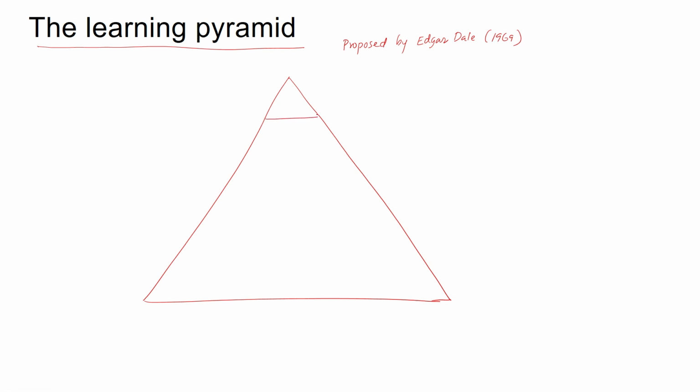The learning pyramid is a triangular structure like this, and the top of it is what we call reading. Then followed by that is hearing words. Then followed by that we have seeing.